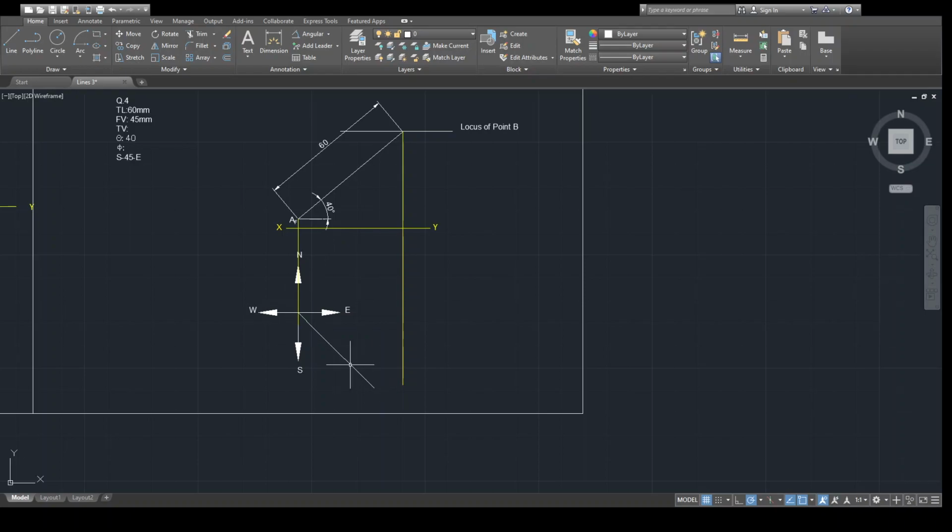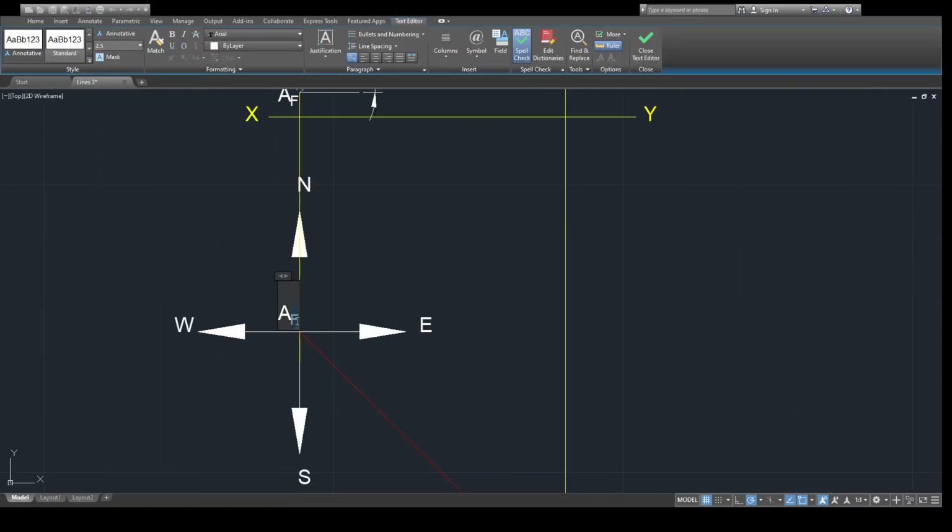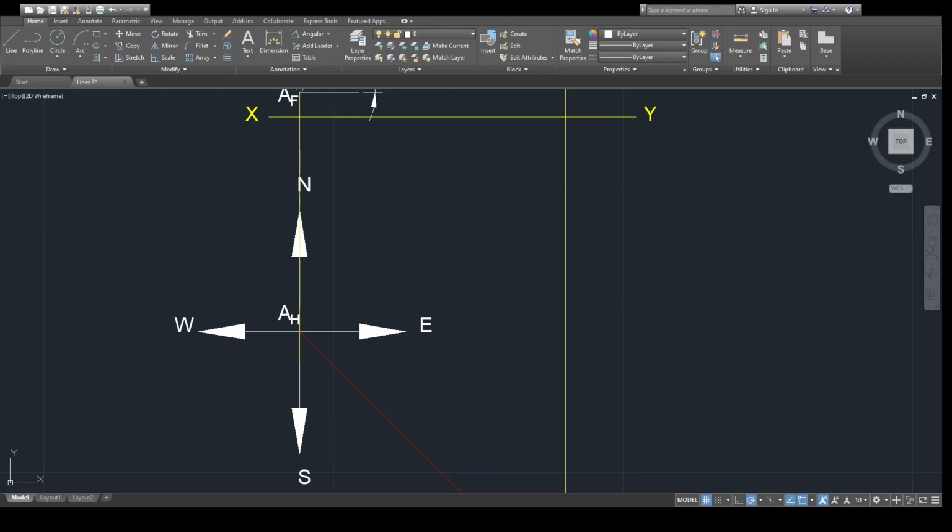So this line is the top view inclination of the line. We will change the color to red because we show the top view using red color. Then the same nomenclature: this point we call AH.